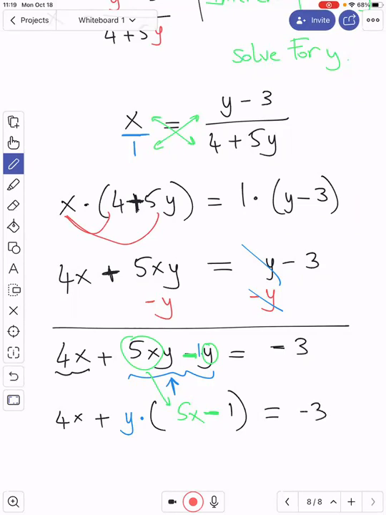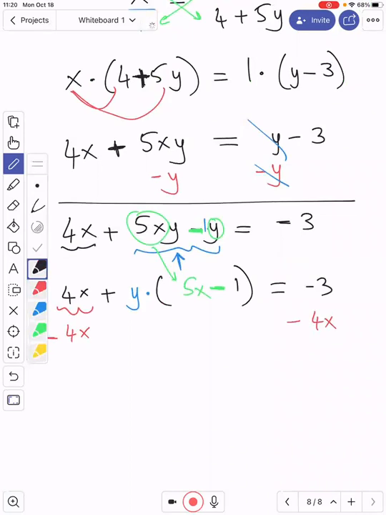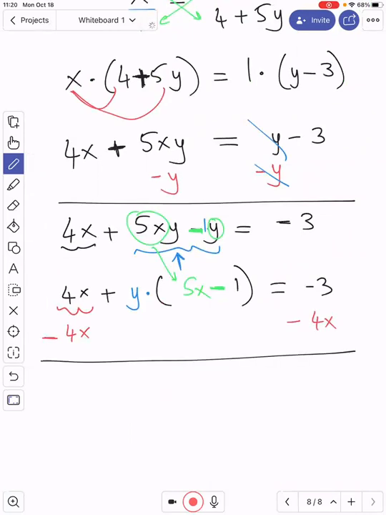Well, I want to solve for y. There's this 4x on the left side. So I need to get rid of this 4x first, and then I can divide by this 5x minus 1. So let's get rid of this 4x. So then y times 5x minus 1 equal to, so minus 3 minus 4x.